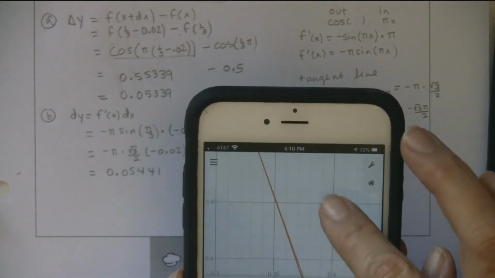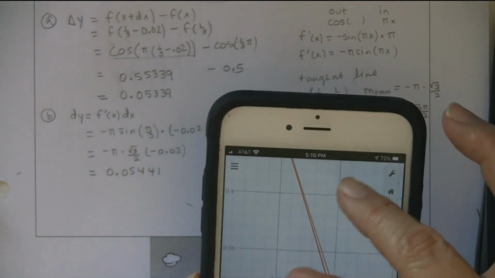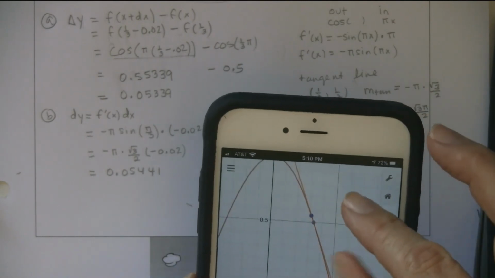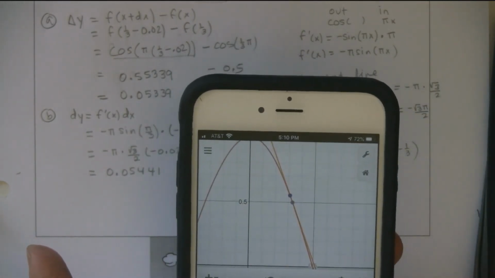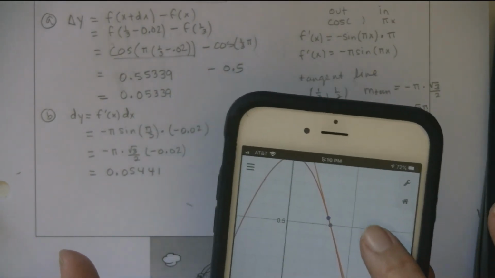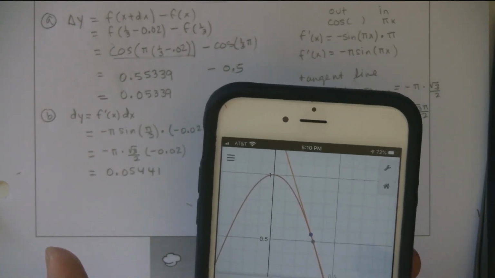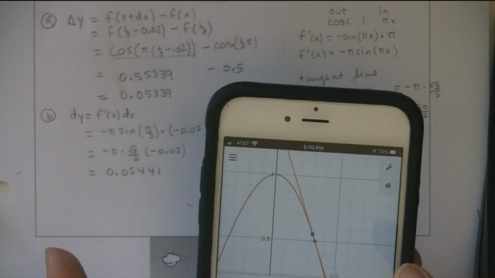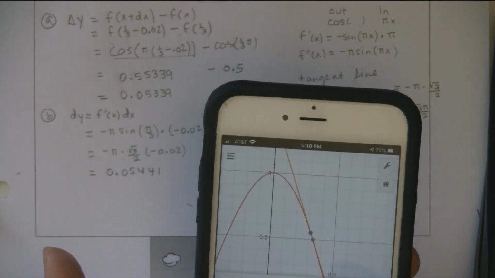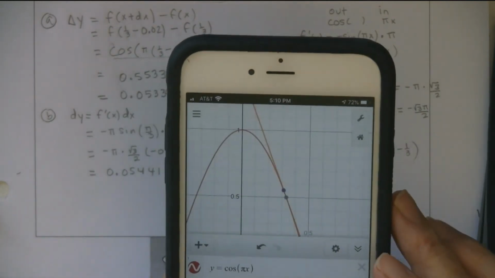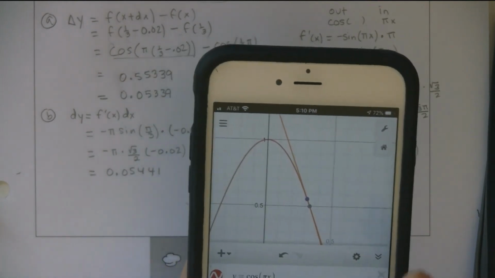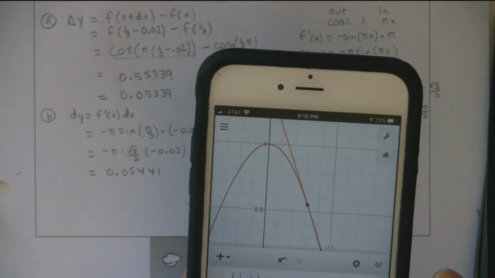So then I have now the tangent line on here, which you can see there in red. I have the actual, from blue to green, was actual. And then I have the estimated. Can I turn that off?